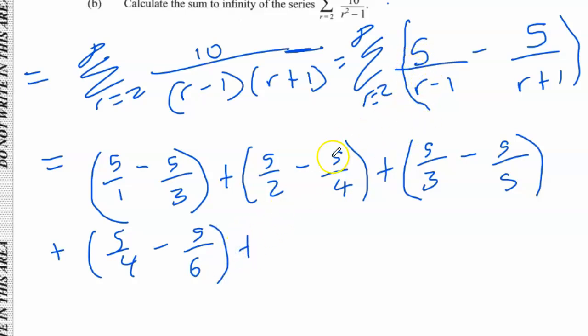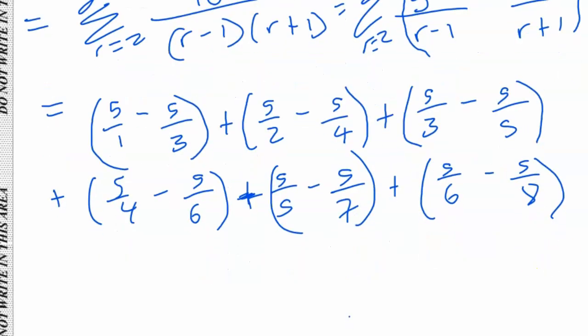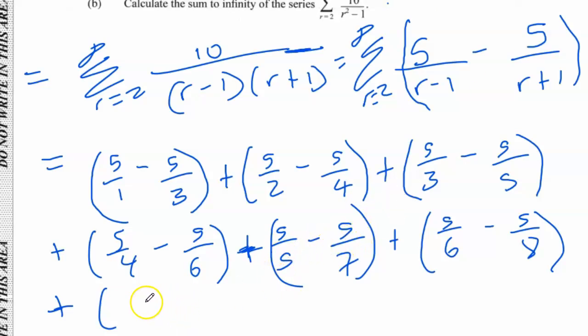When r is 6, that's 5 over 5 minus 5 over 7. When r is 7, it's 5 over 6 minus 5 over 8. When r is 8, let's do this last one, it's 5 over 7 minus 5 over 9.